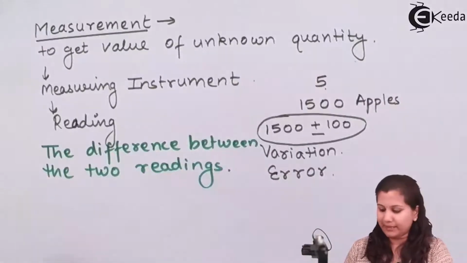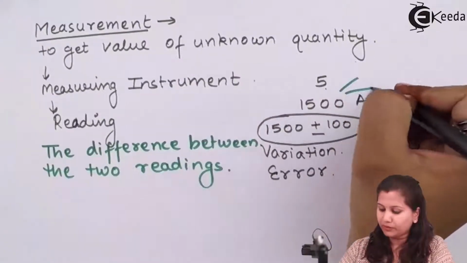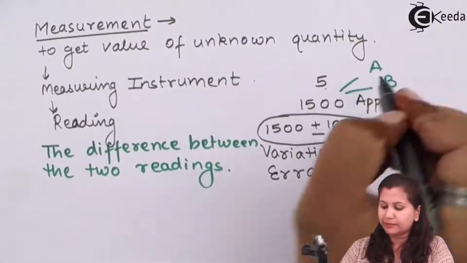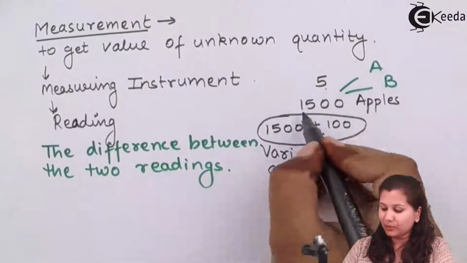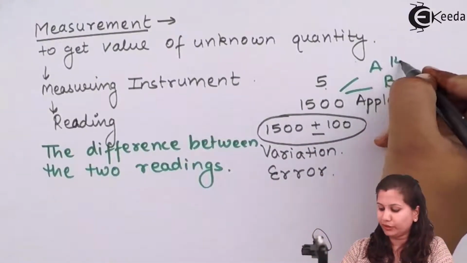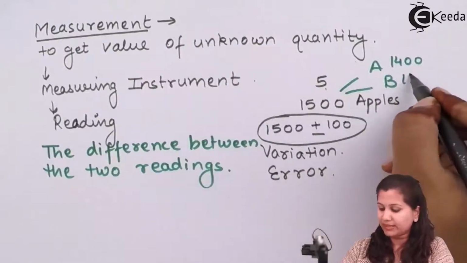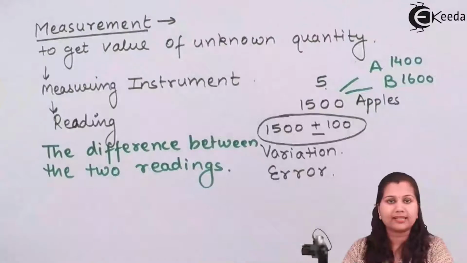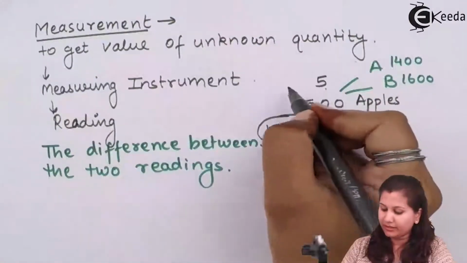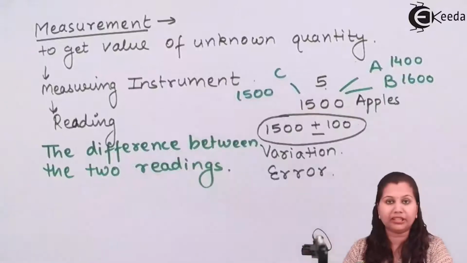Again, taking the same example of 1500 apples, suppose there are two observers, A and B. When A is counting the 1500 apples, he counts it as 1400. And B counts it as 1600 apples. There is another observer who counts it as exactly 1500.